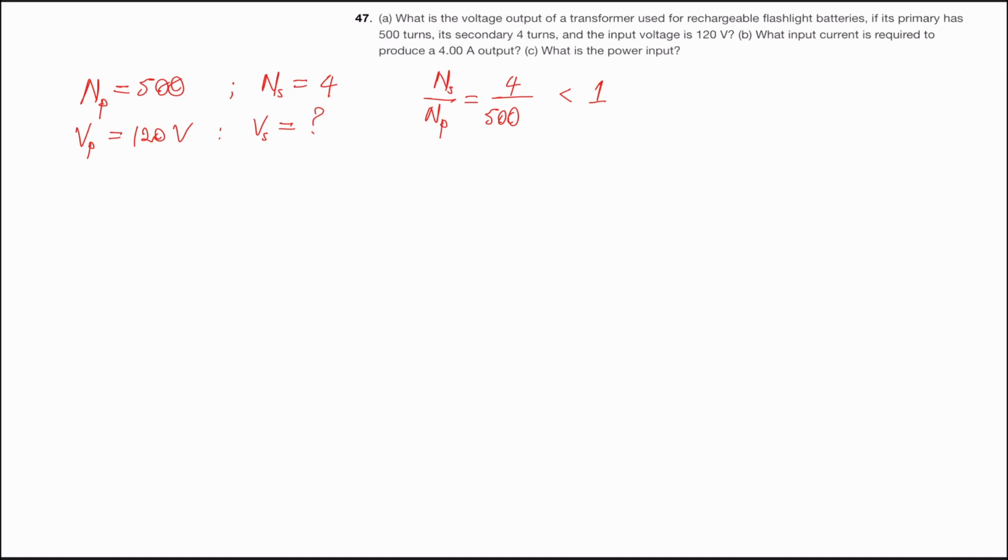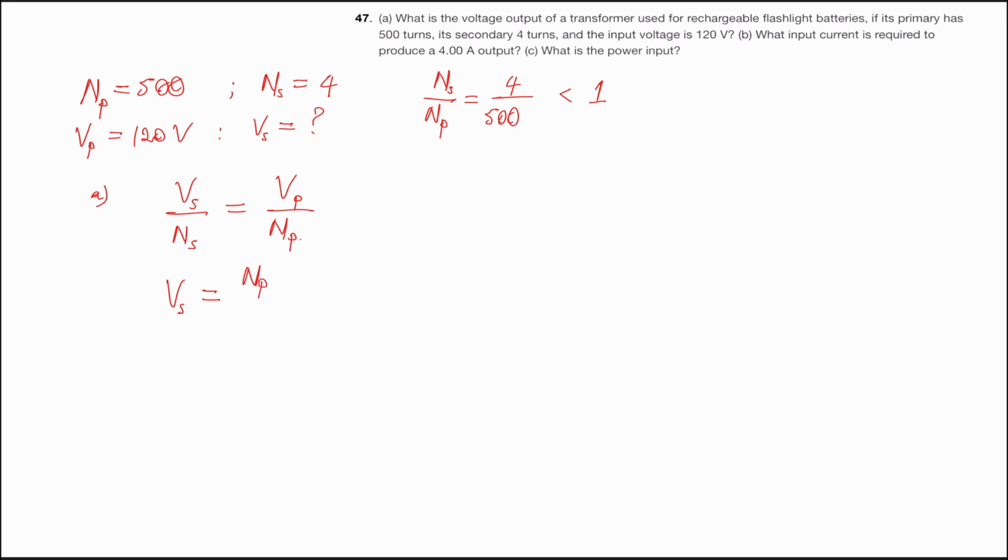Now let's confirm this. Well, from our law, this is part A. From the law of voltages with relation to transformers, that law is given by this. Over here, I've flipped around the order. Typically, I write primary on the left and secondary on the right, but here I'm kind of thinking ahead. So this is what this is going to look like when we make V sub S the subject of the formula.